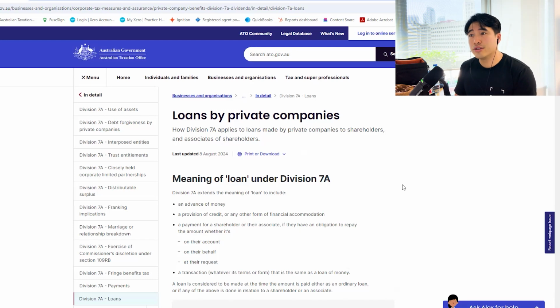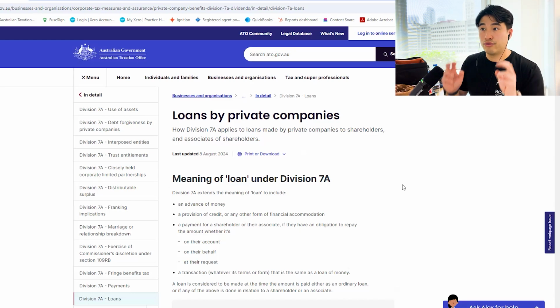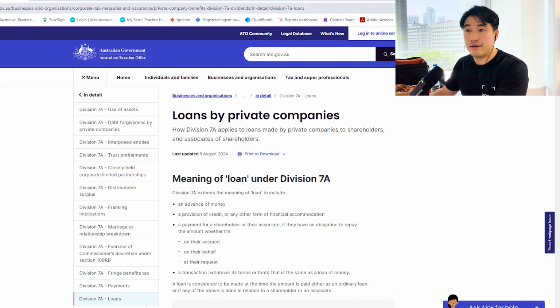The reason it's confusing is because the ATO, the lawyers and the accountants that post information online, post it in a way where they talk about if you do this, it's illegal, and as a result, we're going to tax you. They don't tell you how to avoid the situation, because technically, if you try to avoid the situation, it's seen as a tax scheme, and then you get hit by anti-avoidance rules.